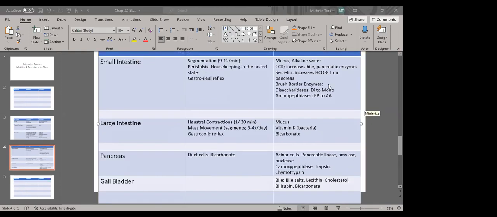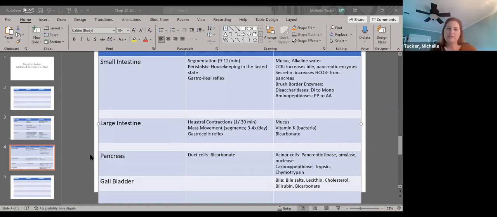So for gallbladder, I noticed there was nothing in the motility box. For the gallbladder, as far as motility, you will need to understand the duct system, but that's technically part of the anatomy. So you do need to know the cystic duct, and that is formed from the right and left going to the common hepatic, and then those join to make the common bile duct.